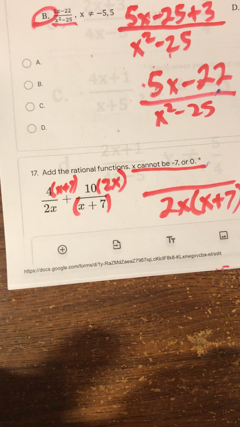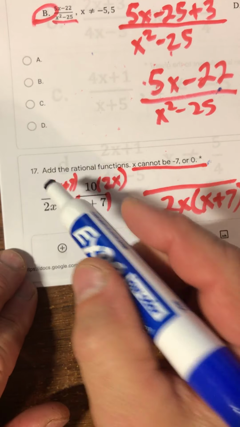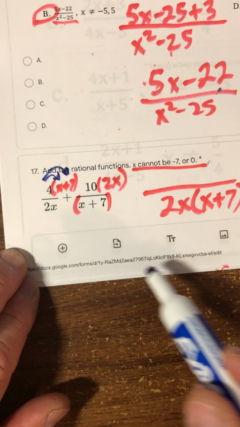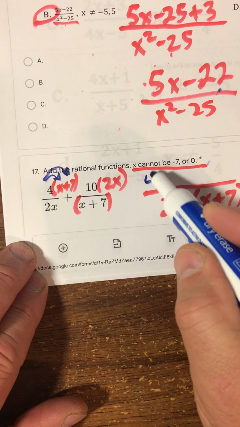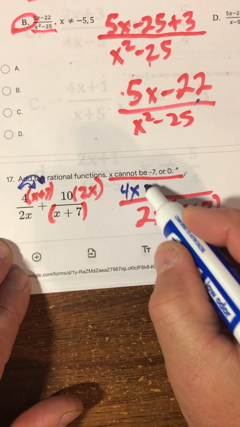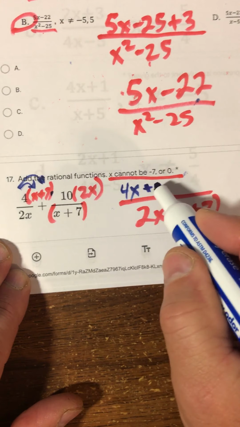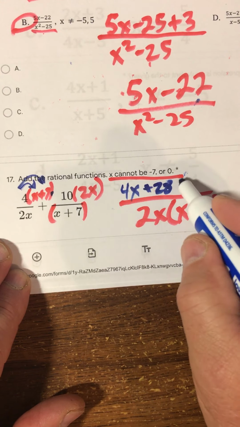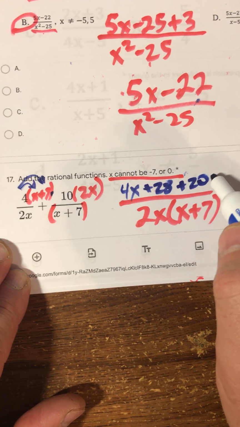So now I'm going to go ahead and distribute the 4 to the x and the 4 to the 7. So I've got a 4x plus 28. That's 4 times 7, 28. 10 times 2, so it's plus 20x.